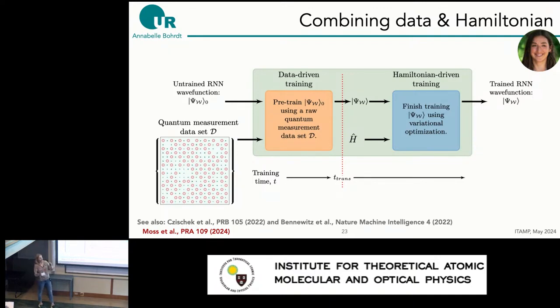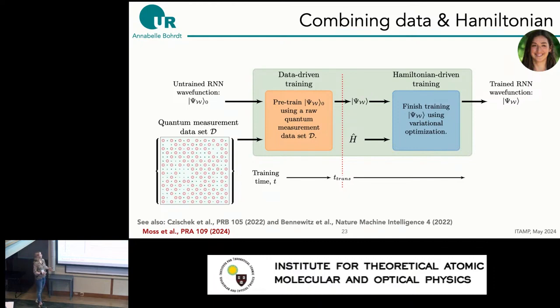And then we start our variational Monte Carlo from that state. And what this basically does is it puts us into a much, much better position in our loss landscape. So instead of just randomly starting anywhere, we use the experimental data to really put us sort of in a prime position to then do the energy optimization in the second step.